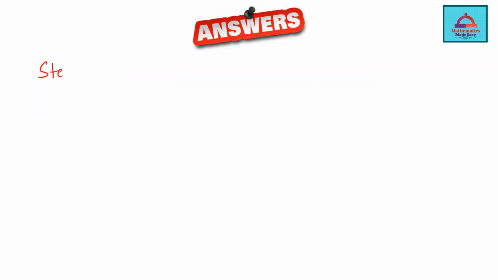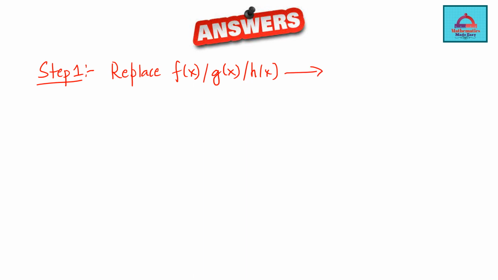Okay, so to find the inverse, step 1 would be to replace f(x), or sometimes in the question it is given g(x) or h(x), whatever is given, you replace it with y. Then in step 2 you interchange x and y.